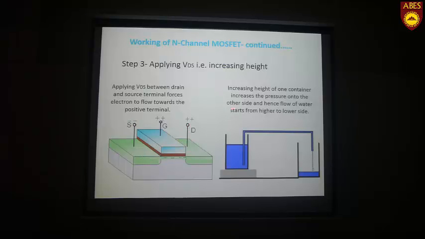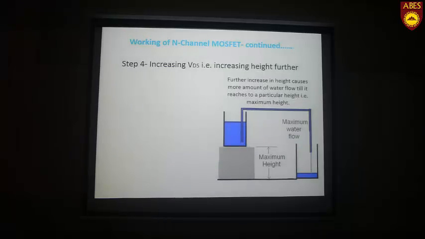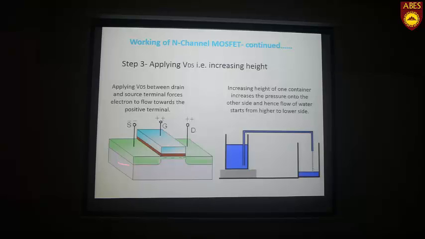Now what was the next step here? We increase the height further. We increase the height and hence there will be more water flow per unit time. In the previous case, we have to increase the potential at the terminals, right? Because we said that height is analogous to the potential in electronic technology.